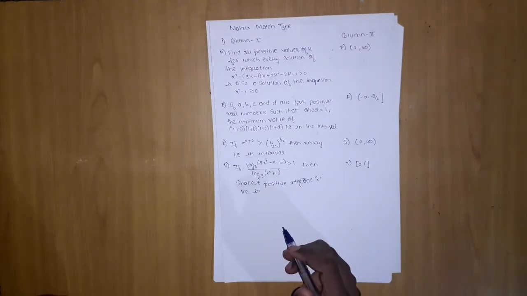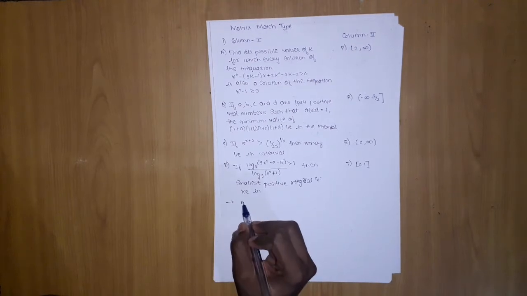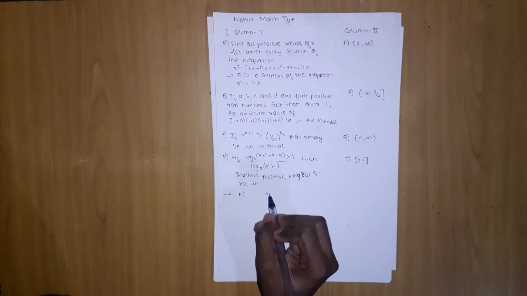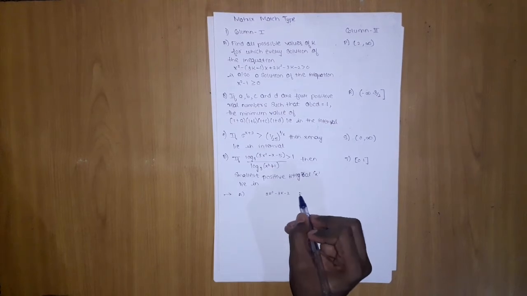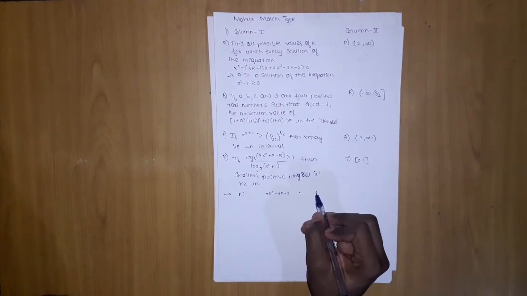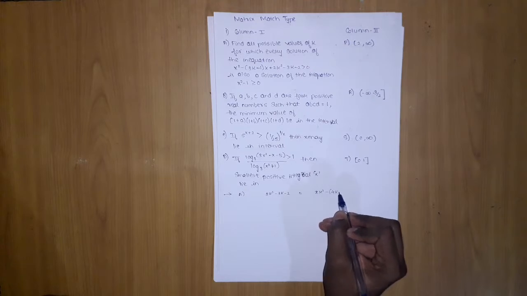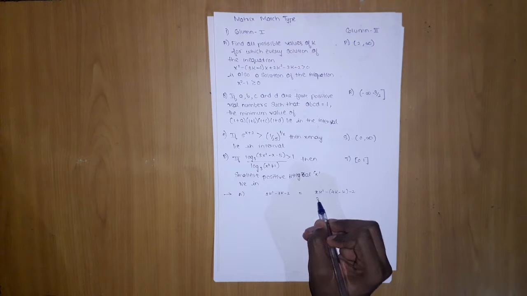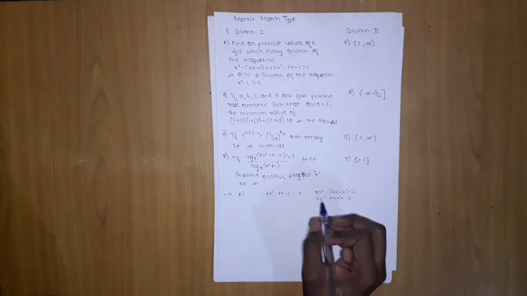So how can we start this question? Here I can break 2k square minus k minus 2 into its components. It will be 2k square minus 4k plus k minus 2.